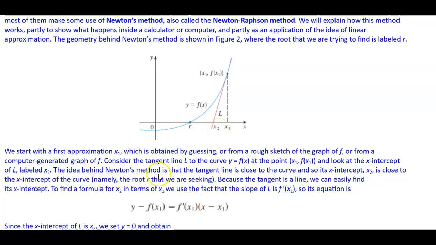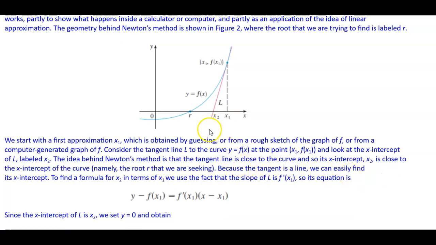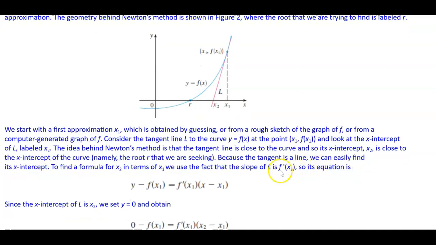The idea behind Newton's method is that the tangent line is close to the curve, and so its x-intercept, x2, is close to the x-intercept of the curve, namely the root r that we are seeking. Because the tangent is a line, we can easily find its x-intercept.